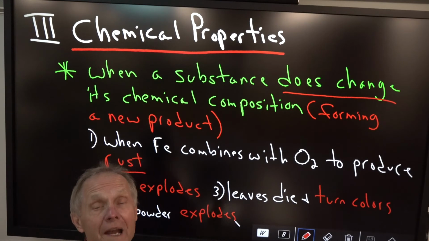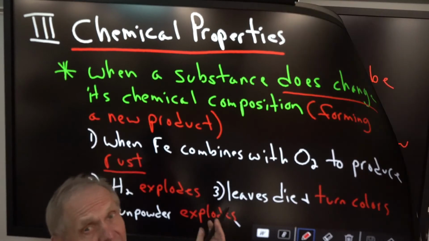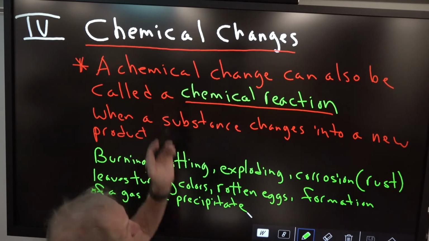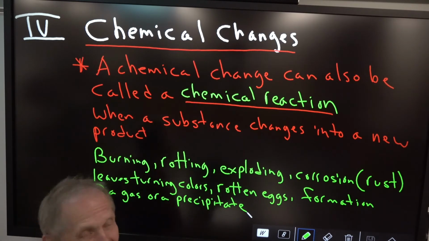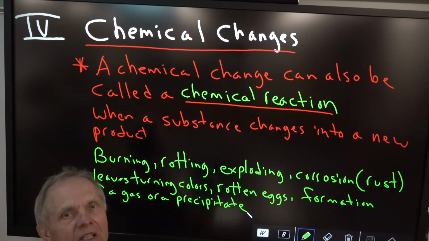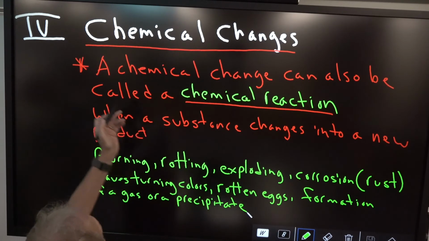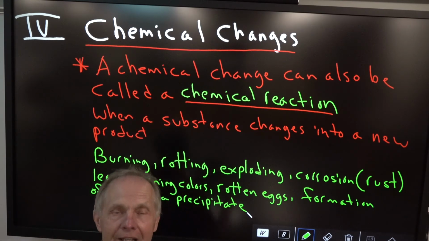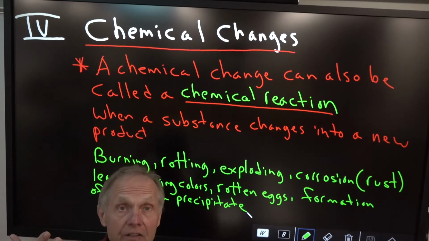Now let's go into chemical changes. Almost the same thing. Roman numeral 4, chemical changes. It's almost the same as chemical properties. Something changes composition. So a chemical change can also be called a chemical reaction. And in a chemical reaction, you have reactants and products.